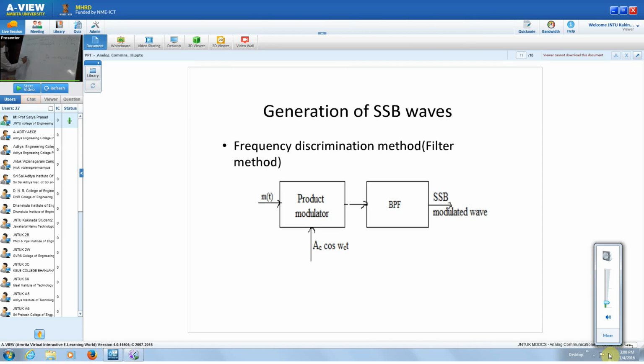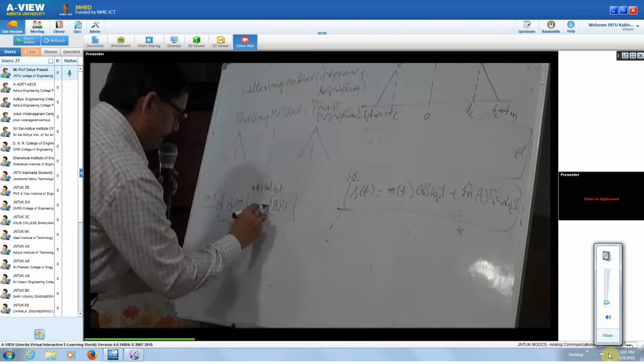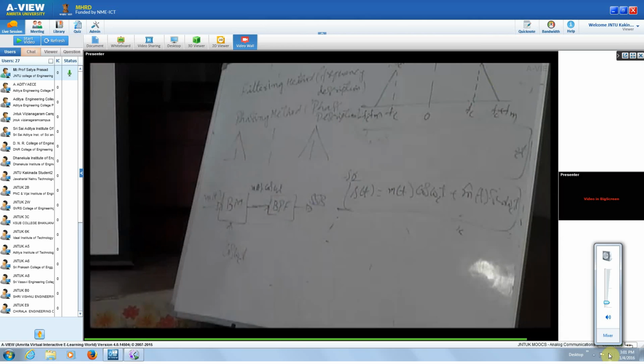So this corresponds to m of t into cos omega ct, and the frequency domain representation is this, both the side bands. Then we have a band pass filter. This will be our SSB signal, a band pass signal. After the balanced modulator, you have a band pass filter.